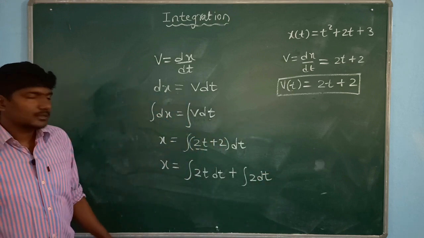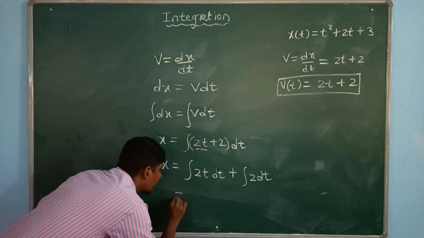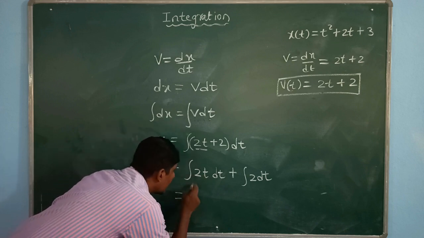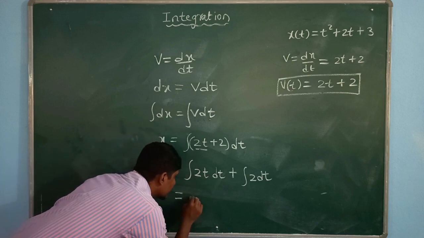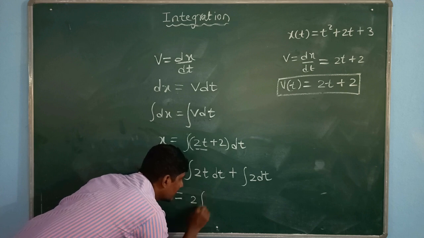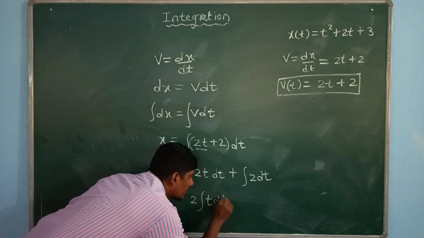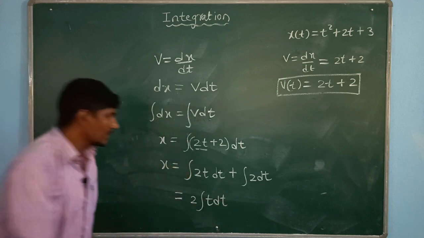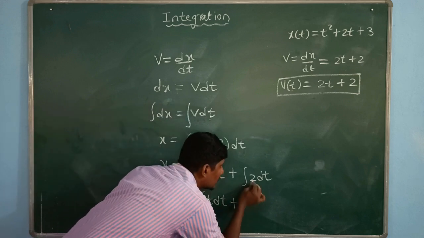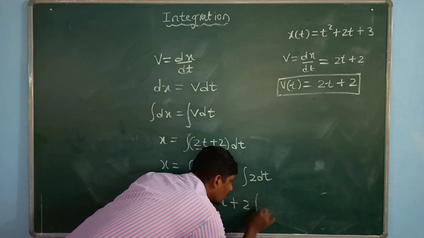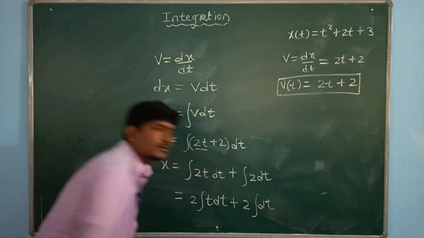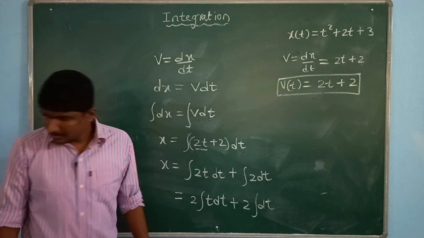Correct? This is the way. Next step. Now 2t integration is what? Let's do it. 2 outside, integrate t with respect to t, dt, plus here 2 is constant, take it outside. What remains? dt. Okay? Beautiful, no?